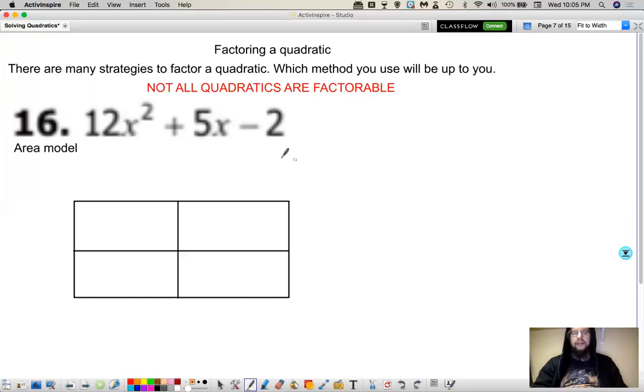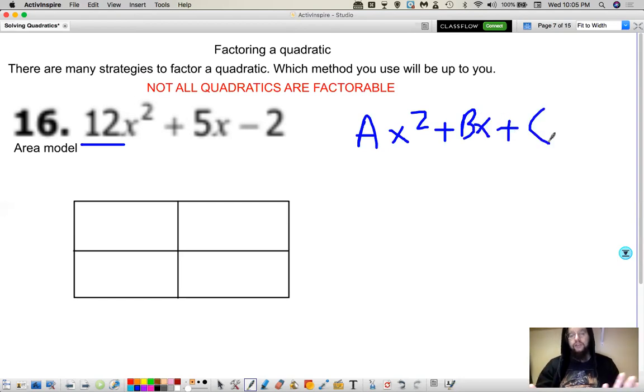So the main idea here for the area model. So let me go back. This is ax squared plus bx plus c. That's the standard form of a quadratic. That's what we got here, okay? This is always A, this is always B, this is always C. No matter what we're talking about with a quadratic, that's A, B, and C. Okay?